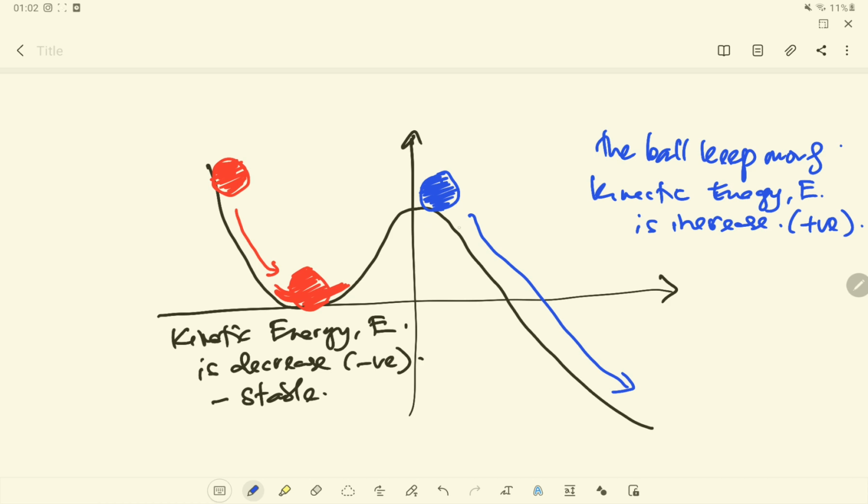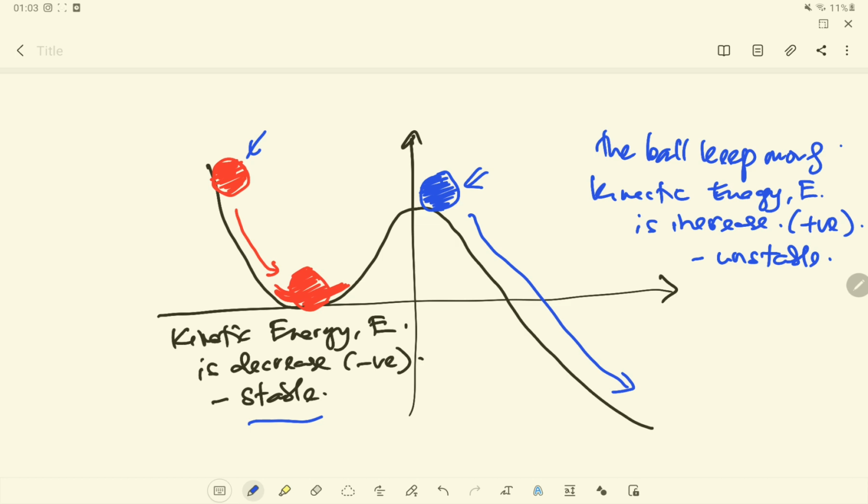So at this position, the system is unstable. It's all about the kinetic energy. The ball keeps rolling, so the kinetic energy is increasing or positive, so the system at this position is unstable. While in this position, the kinetic energy is decreasing until it stops, so the system is stable.